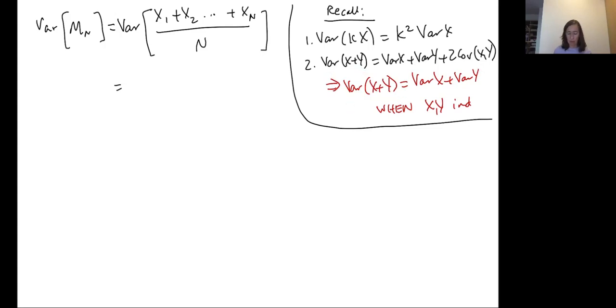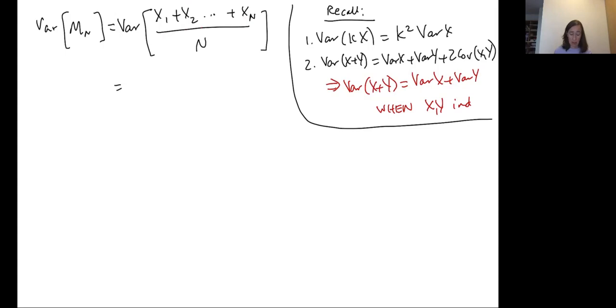Remember we said these are all independent because it's a random sample. Random sample means that the x's are IID, that stands for independent and identically distributed. So the variance of this plus this plus this is the variance of this plus the variance of that plus all of the individual variances here.